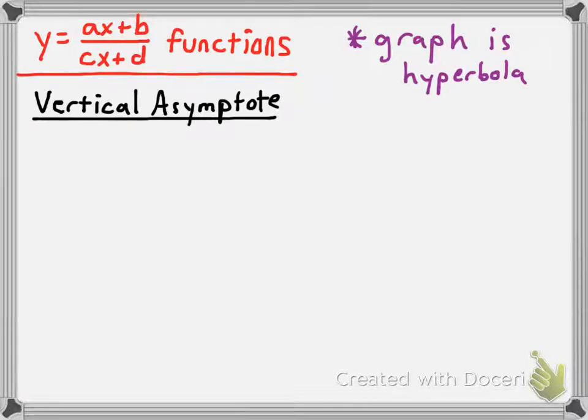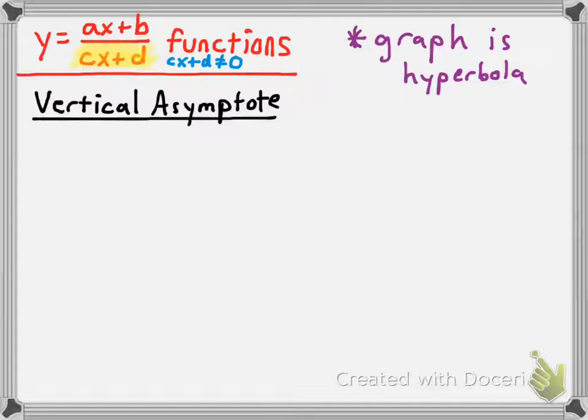From the standpoint of explaining why it is what it is at any rate. Now, just like with our reciprocal functions and their translations, we can't let the denominator be equal to 0. So that quantity cx plus d there, not allowed to be equal to 0. And any value of x that would make cx plus d equal to 0 would be a vertical asymptote, because it would be a restriction on our domain.